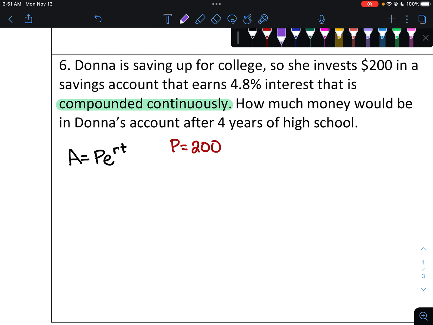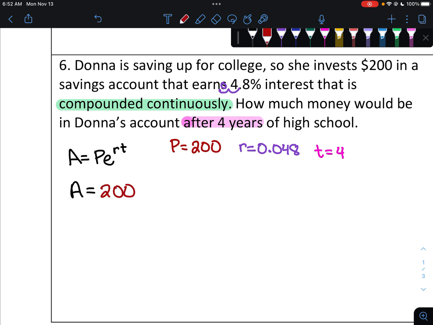Our rate was 4.8%, so we move that decimal 2 places to the left, so we get 0.048. And then the time we were given was 4 years. So we're going to plug this information in and then type it into our calculator.